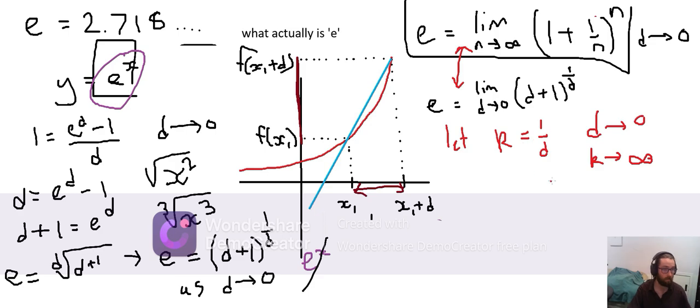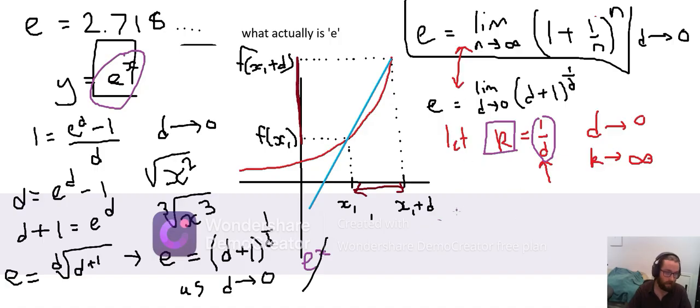Because if I divide a number by smaller and smaller numbers, that number is going to get bigger and bigger and bigger. So if something's reciprocal approaches 0, the thing itself has to approach infinity. This is going to be like 1 over a half, 1 over a third, 1 over a quarter. It's going to go all the way down. And as that happens, as d approaches 0, this is going to get bigger and bigger and bigger, which means that k is going to approach infinity.